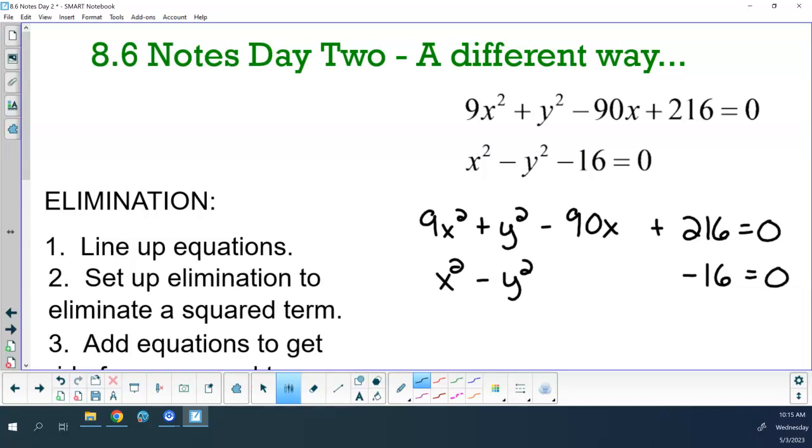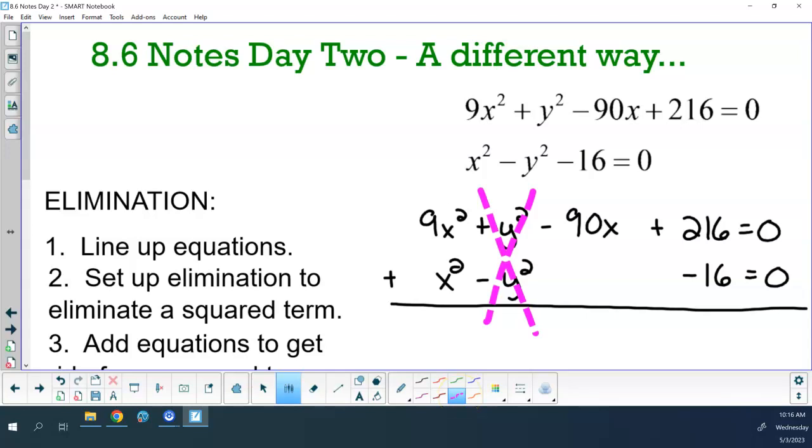Then, step 2 says you want to eliminate one of your squared terms. That's your goal. In this particular case, we have elimination already set up with these two. Positive y squared plus negative y squared is 0. So we have eliminated that one.